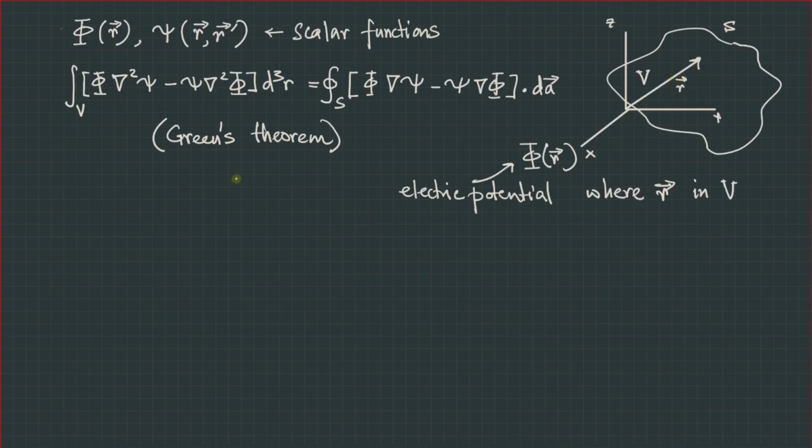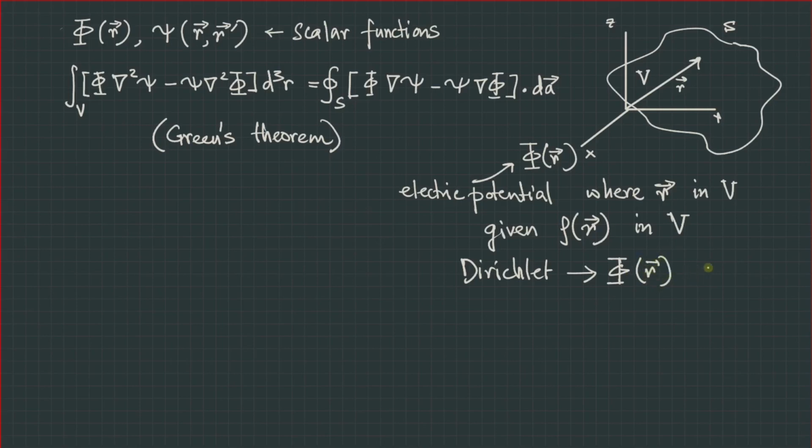So the problem was to find the potential given rho of r in volume V and the Dirichlet condition, in which the potential on the surface is given, or the Neumann condition, which means that the gradient of the potential on the surface is given.